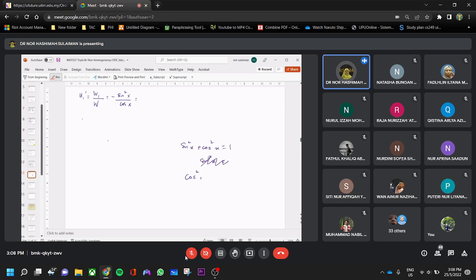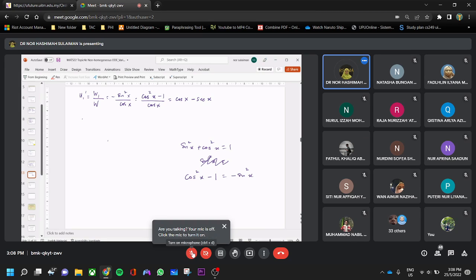Cos squared x minus 1 equals to negative sin squared x. Betul tak? Betul. Okay, so ni dia akan jadi apa ni? Cos kuasa 2x tolak 1 bahagikan dengan cos x kan? Cos kuasa 2x bagi cos x dapat apa? Cos x lah kan? Tolakkan dengan 1 per cos jadi secant x lah kan?